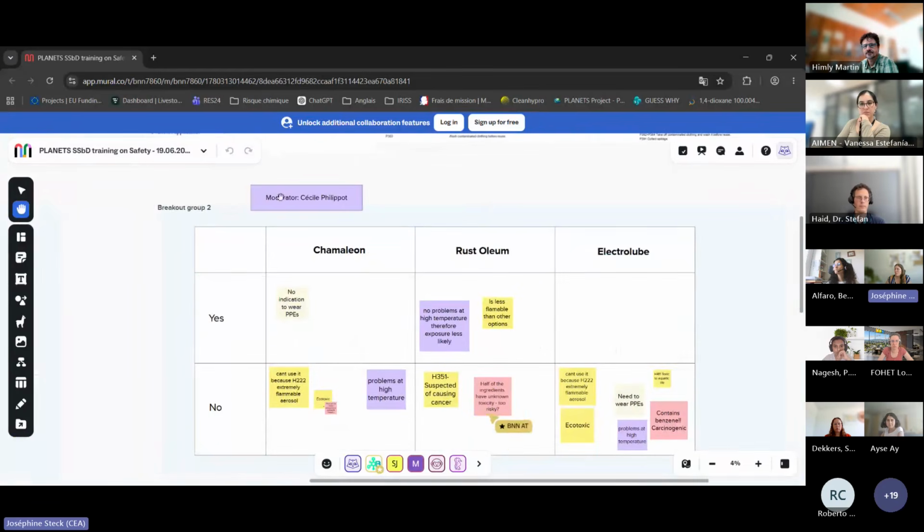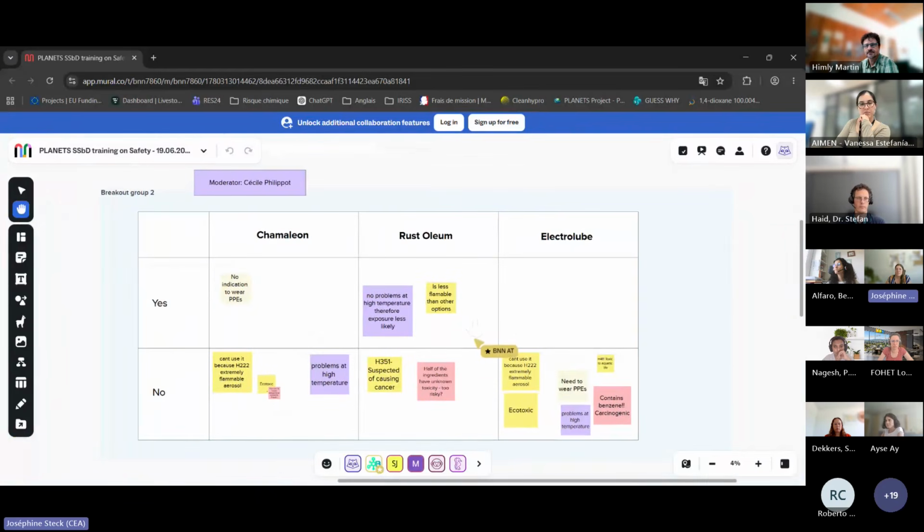Cécile, do you want to conclude on your discussions? Yes. So it's quite interesting because we don't reach the same preference.